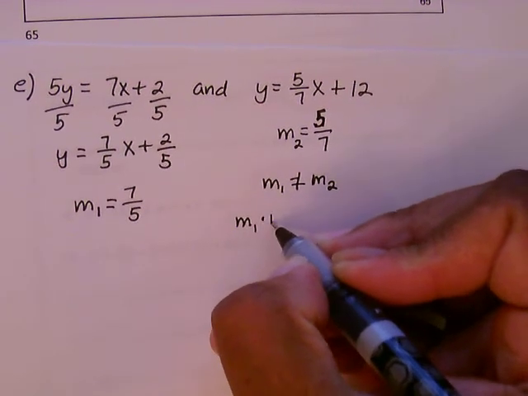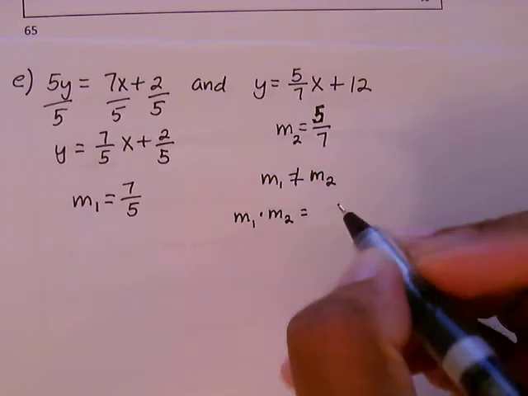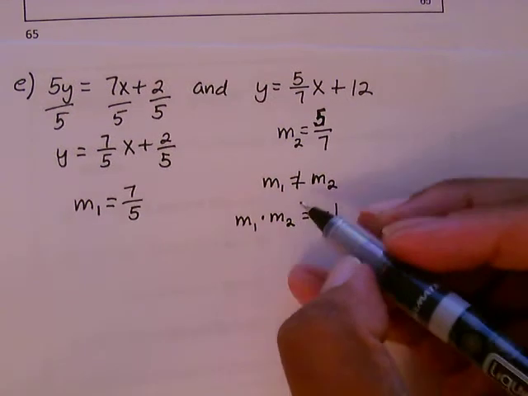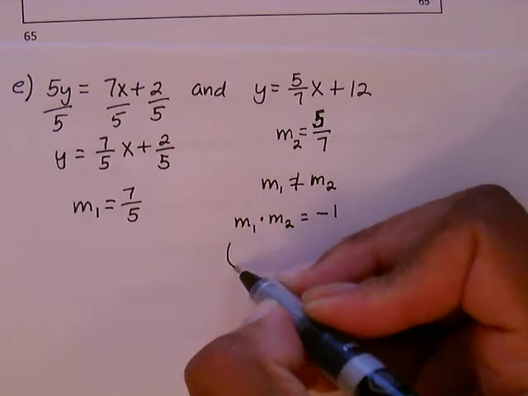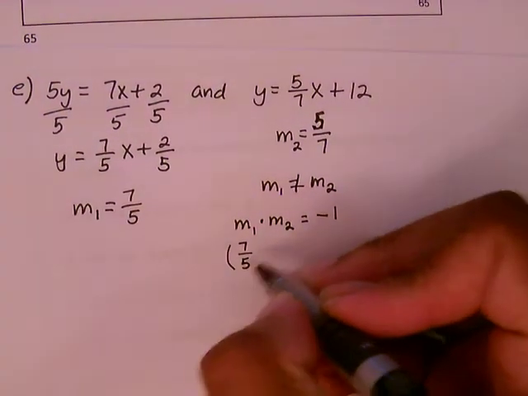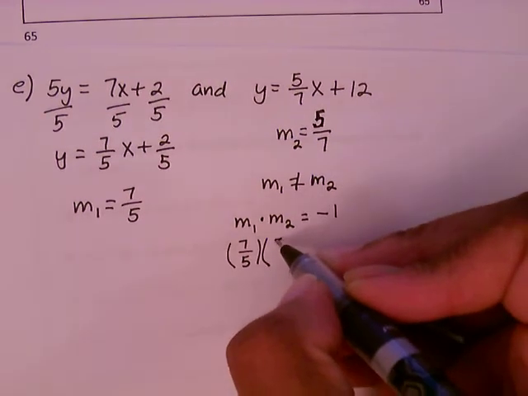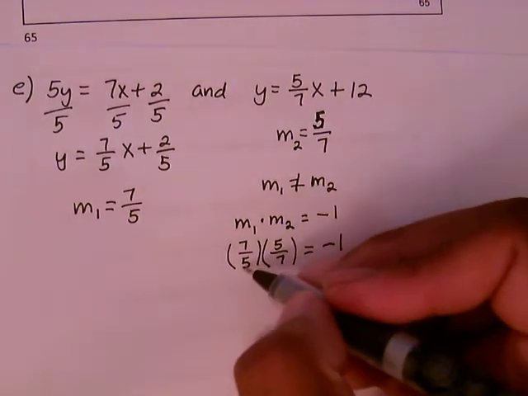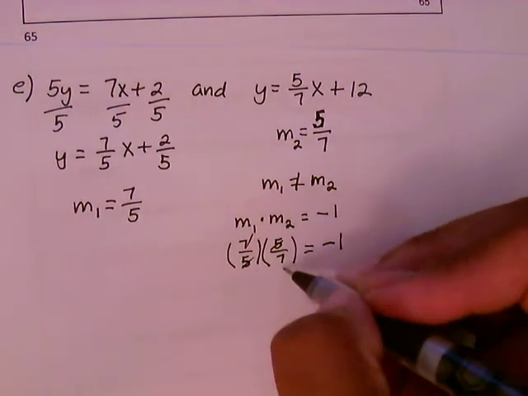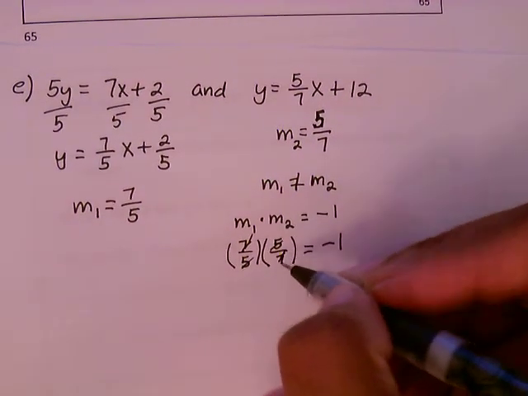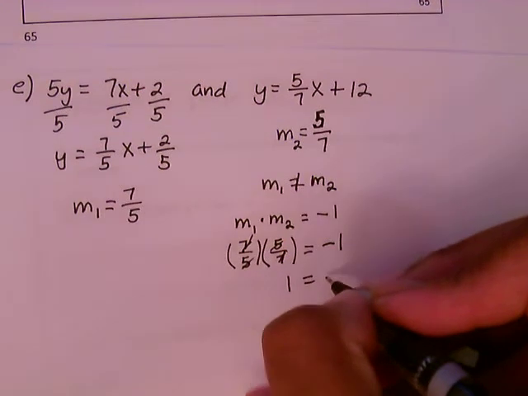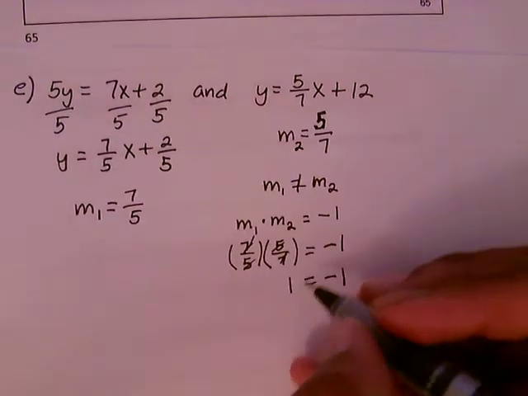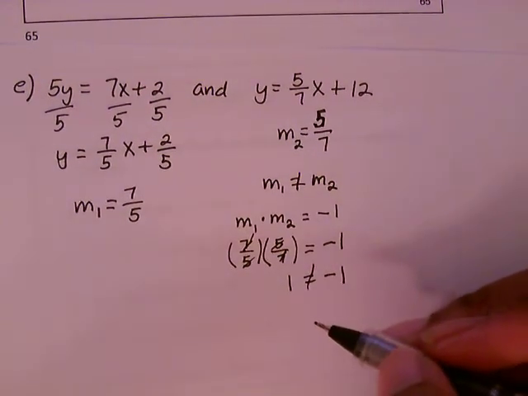The product of the two, for it to be perpendicular, must equal -1. So if we have 7/5 times 5/7, they must equal -1. Divide the 5 out, divide the 7 out, you're left with 1. And that does not equal -1.